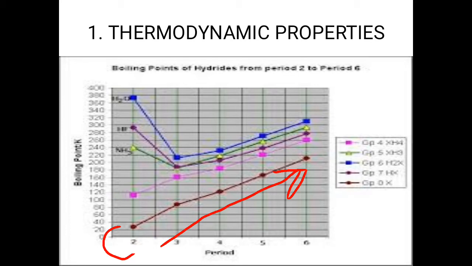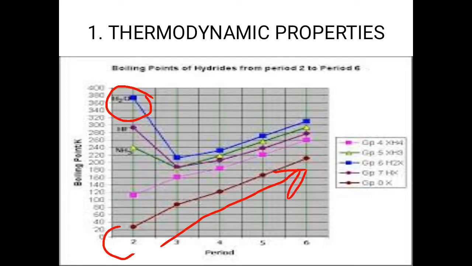But here we also see the compound water, in which hydrogen is bonded to oxygen, the compound HF, hydrofluoric acid, in which hydrogen is bonded to fluorine, and the compound ammonia, in which hydrogen is bonded to nitrogen.